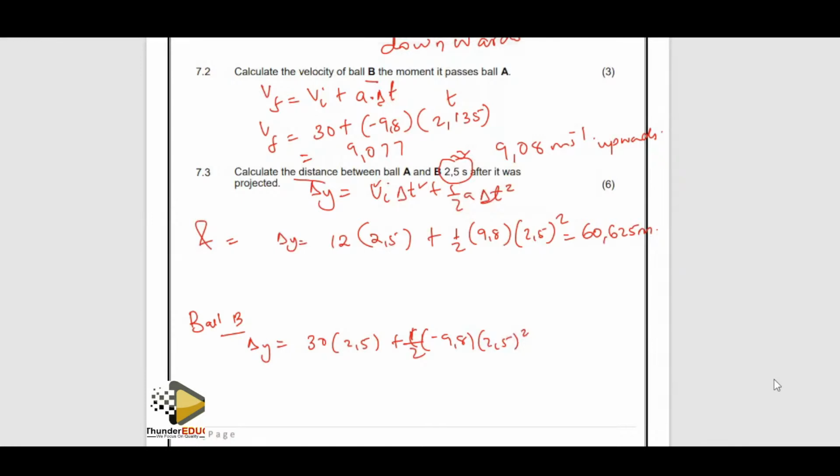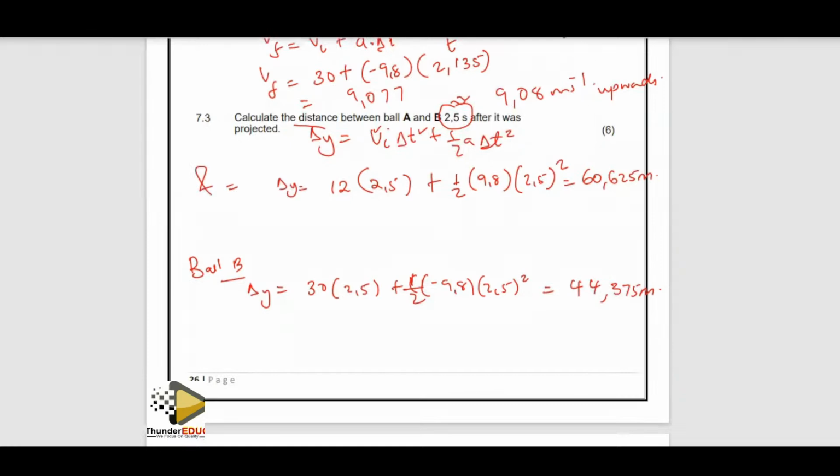Okay, saying 30 times 2.5 plus a half times negative 9.8 times 2.5 squared. That gives me 44.375 meters. So this is above the ground. That is above the ground.